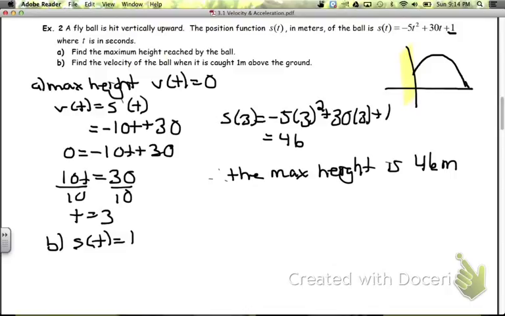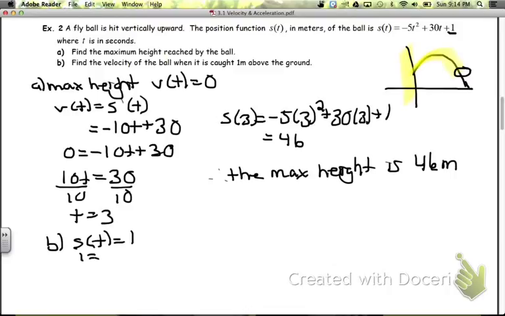From our graph, we know that the ball starts at 1 meter, it continues, and somewhere over here the ball is going to be caught. So we need to find out when that happens.